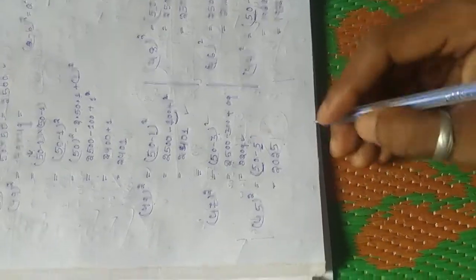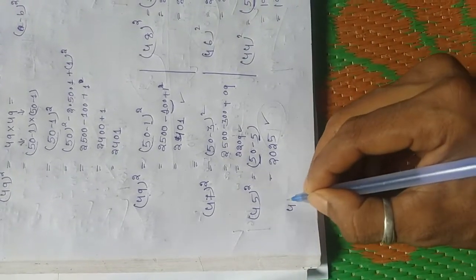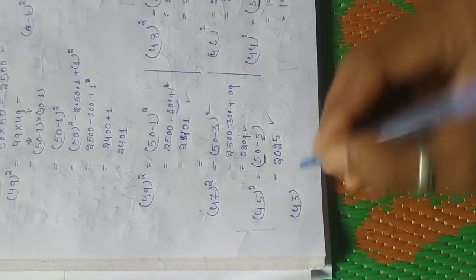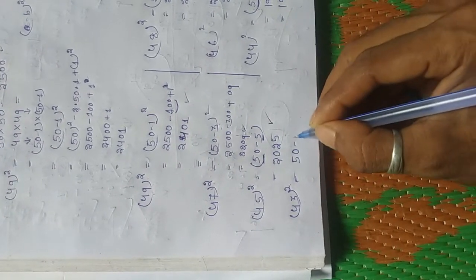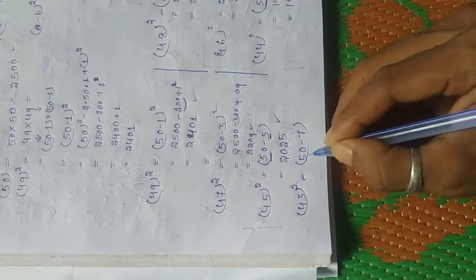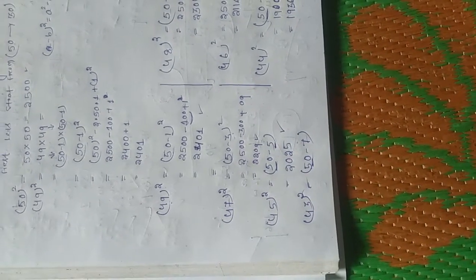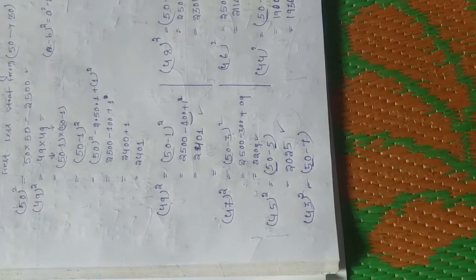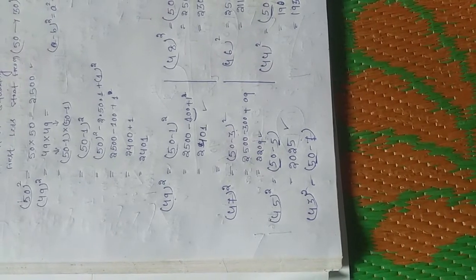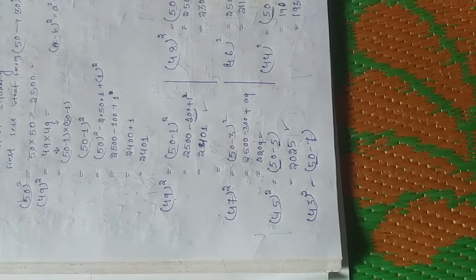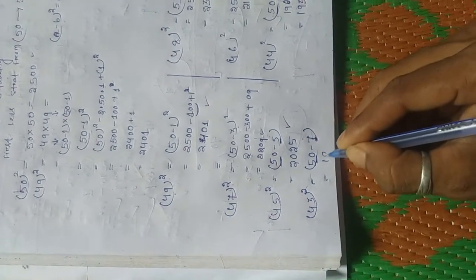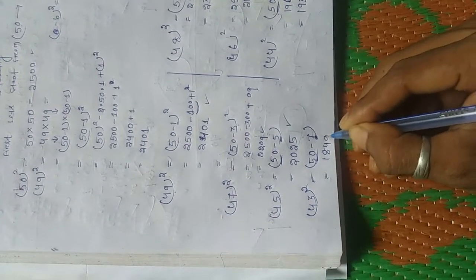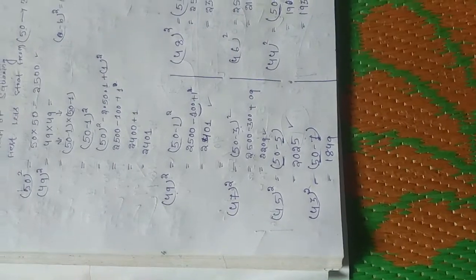Let's look at 43 square. As you know, 43 is equal to 50 minus 7. What do we have to do? This 50 square, you know, is 2500, minus 700 for 7, that is 1800. 1800 plus 7 square, 49, is 1849. You can check it.